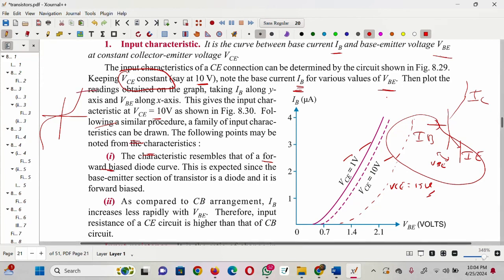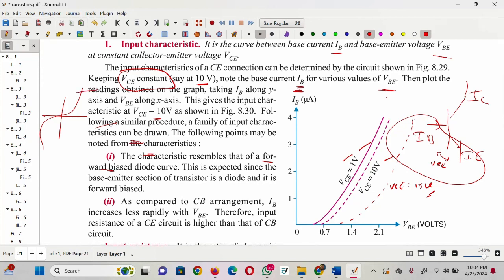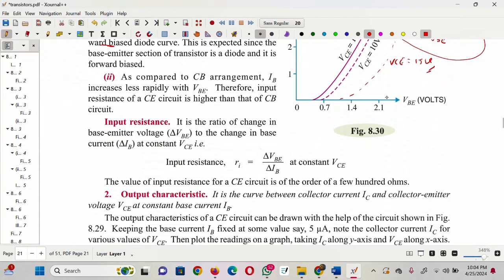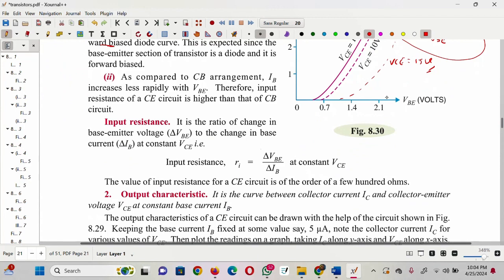Compared to the common base configuration, the current increases rapidly. Now, how to calculate the input resistance? This is the formula: Ri equals del VBE by del IB at constant VCE. So at constant VCE we calculate the input resistance.